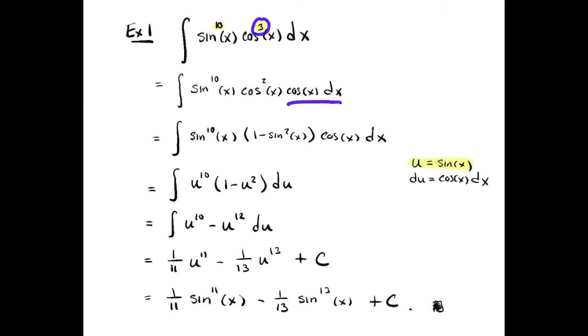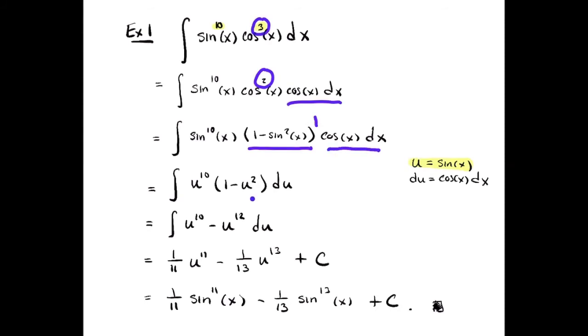Because then the remaining exponent would always be even, right? When you decrease an odd number by 1, you get an even number. And like we said in the previous slide, any even power of cosine can be written as a power of 1 minus sine squared. So using that, every expression in this integrand I can replace in terms of sine, except for the one cosine that I have split off.